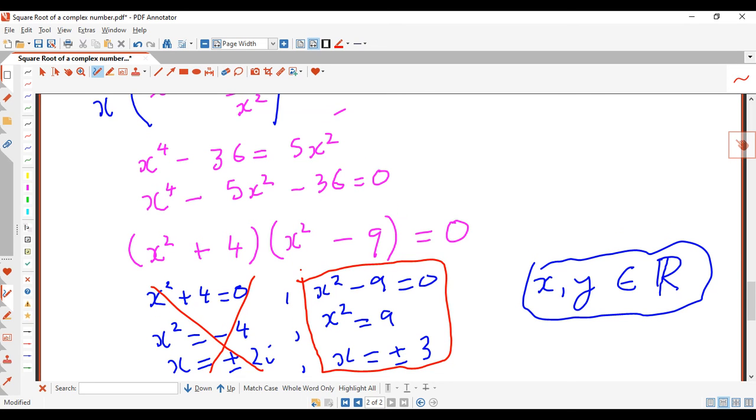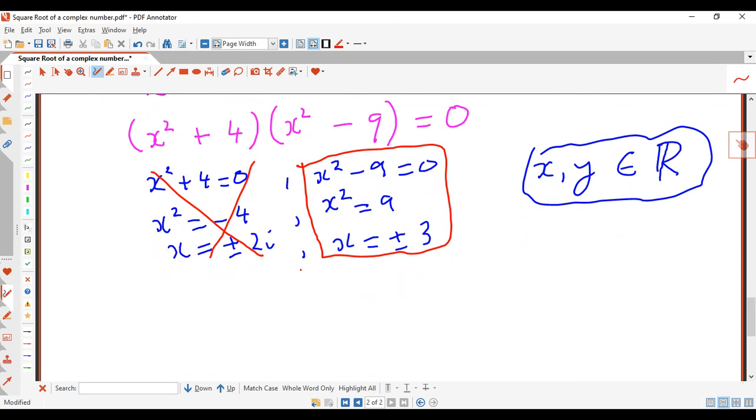So now we've got two values of x. So let's take the first one, x equals 3. We're going to sub that into one of the equations we had earlier, which was y equals 6 on x.